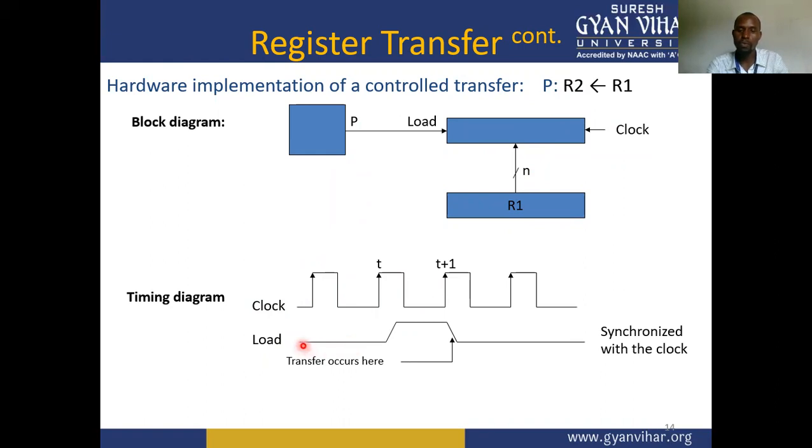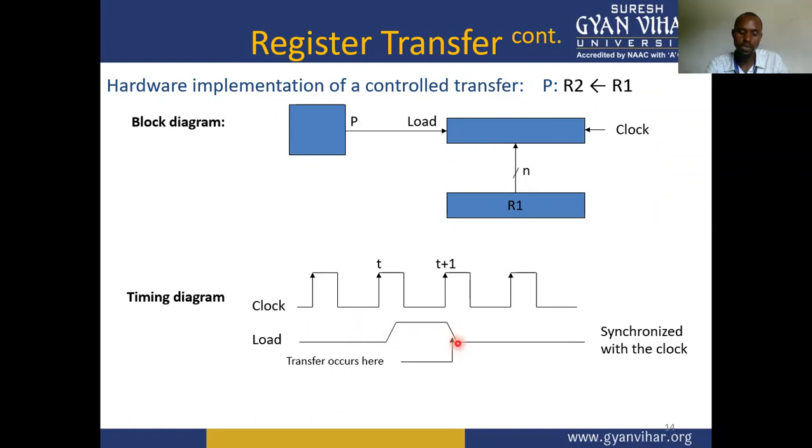Before the transfer takes place, the clock cycle is not counted. But the moment data has been loaded, now we start counting the time. So this shift, this rise, shows that transfer is occurring. And at this particular instance, the transfer occurs.